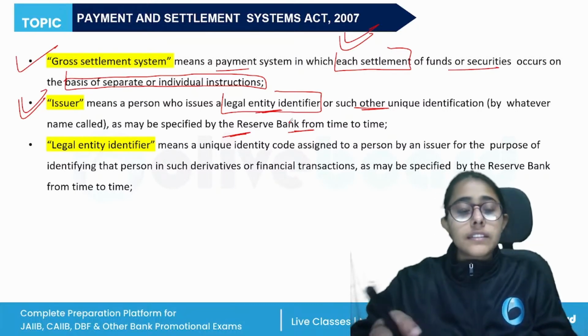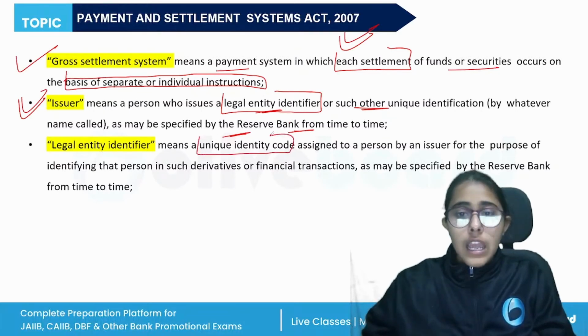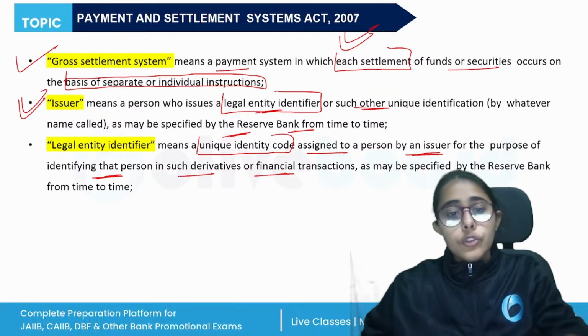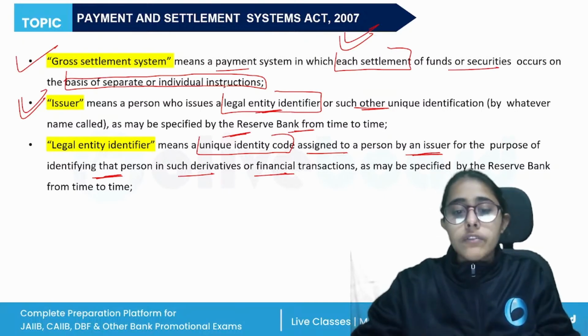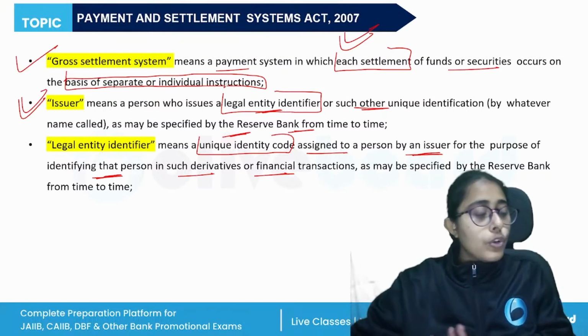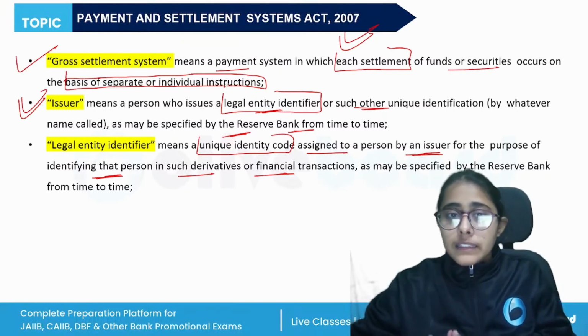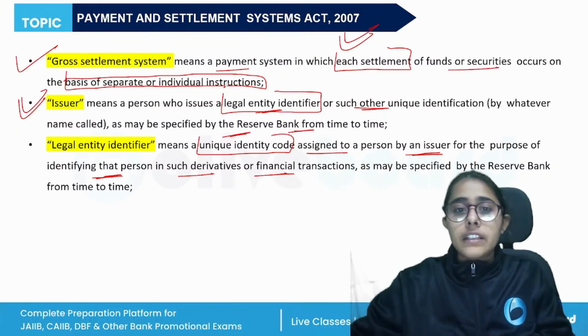It means a unique identity code assigned to a person by an issuer for the purpose of identifying such person in any derivatives or financial transactions. So whenever you make any payment using the electronic mode or the payment system, this legal entity identifier will be used.